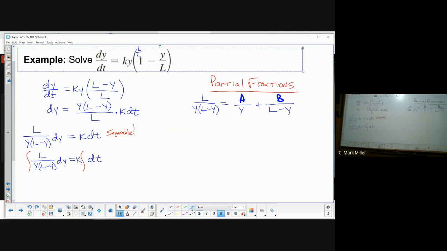Now, this is a theorem we're using that says this is possible. All right. Now, how do we go about finding A? If we find A and B, we're done. So we must find A and B.